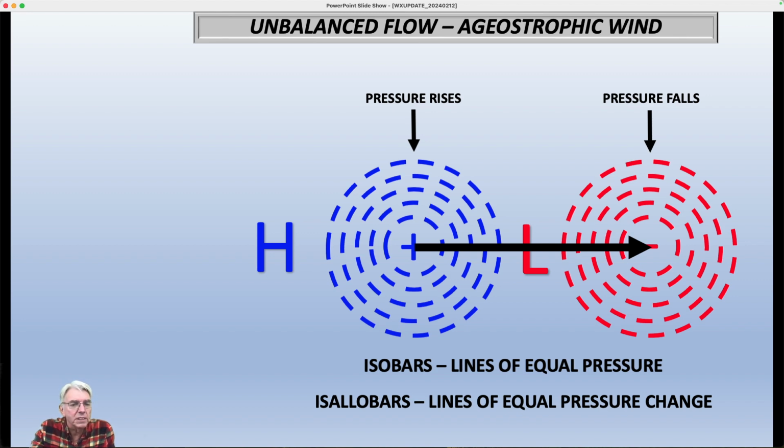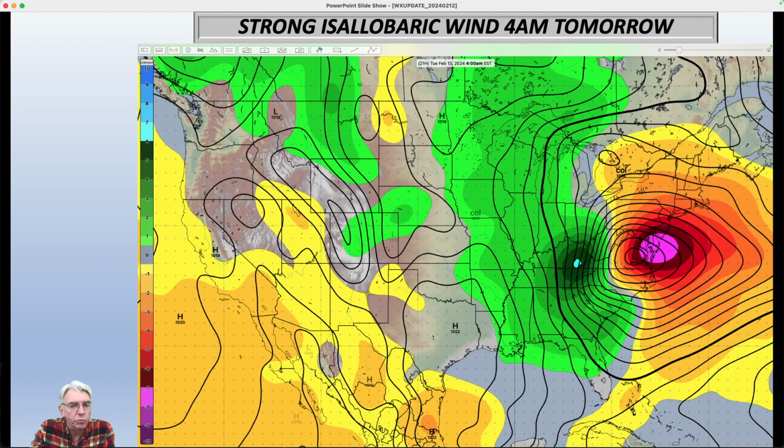So let's take a look now at a forecast for 4 a.m. tomorrow morning. And I know that there's so many lines here, the geography sort of gets lost, but North Carolina is right in here, okay? This is an area of low pressure, which is rapidly intensifying over south central Virginia. And the pink colors here, or purple, I guess, represent big, big pressure falls ahead of the low.